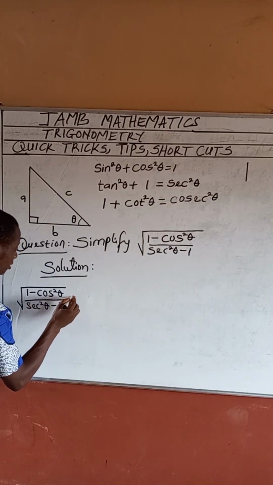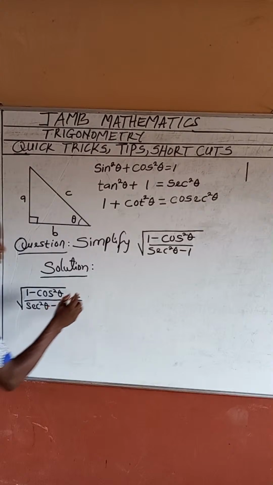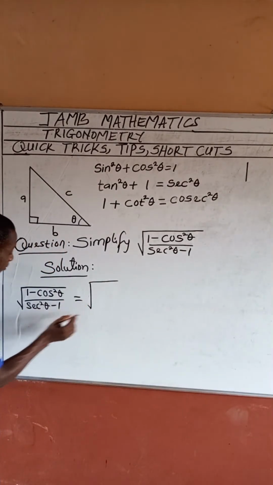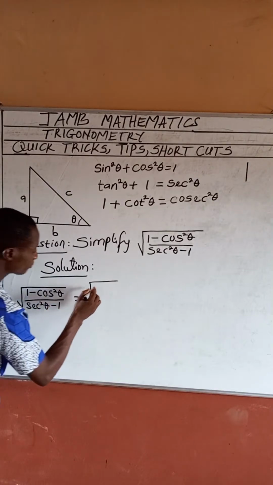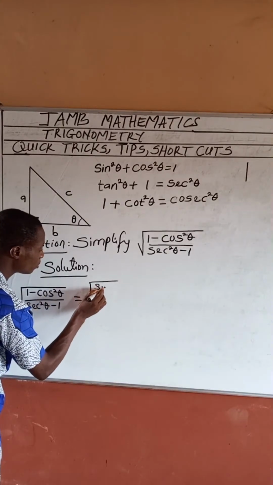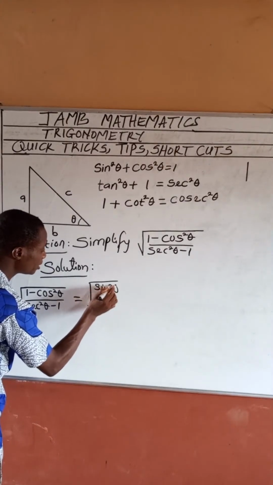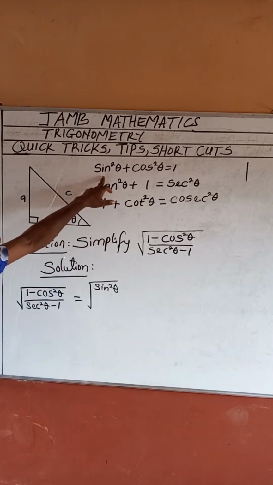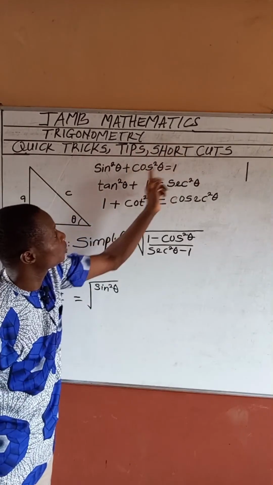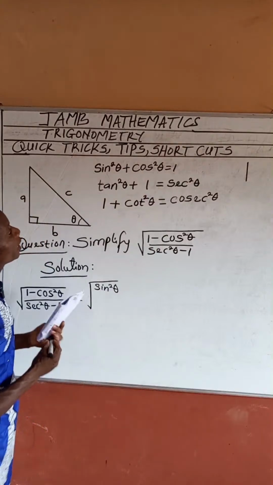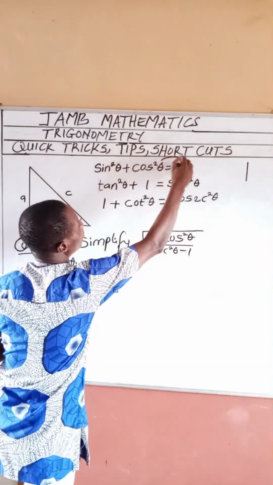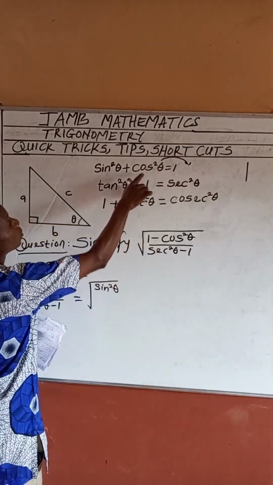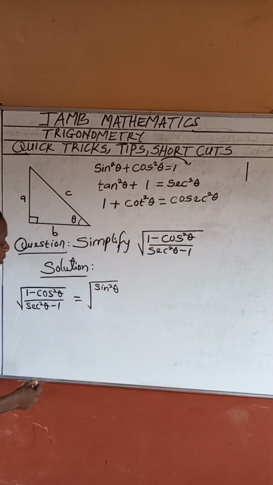So this is what it is going to become: 1 minus cos squared theta is equal to sin squared theta. Why? Because sin squared theta plus cos squared theta is 1, so if you take cos squared theta to the other side, 1 minus cos squared theta becomes sin squared theta, right?